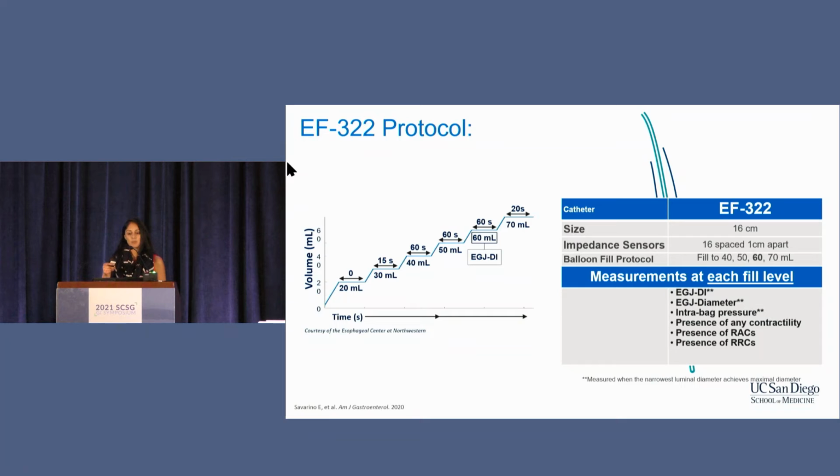Nowadays, we've been talking about there might be some value in going back to 60 after the 70 to see if there are any changes, and you'll probably be hearing more about this in the coming year. So once you've filled at each of these, you look at the distensibility index, the diameter across the EGJ, the pressure, and then what the contractile pattern is.